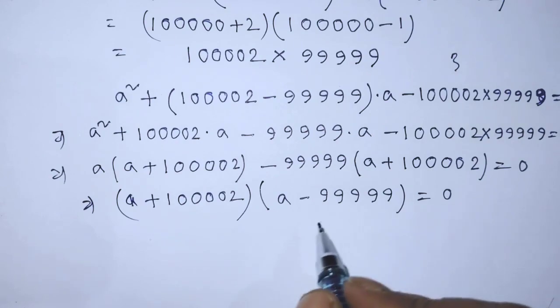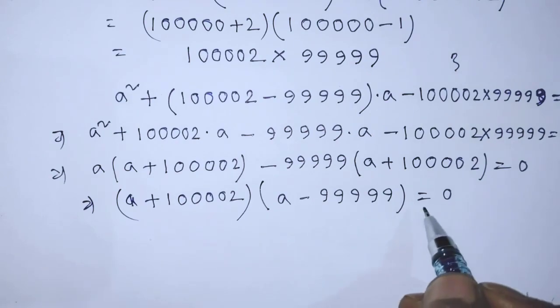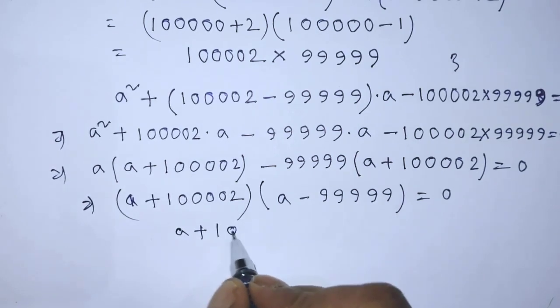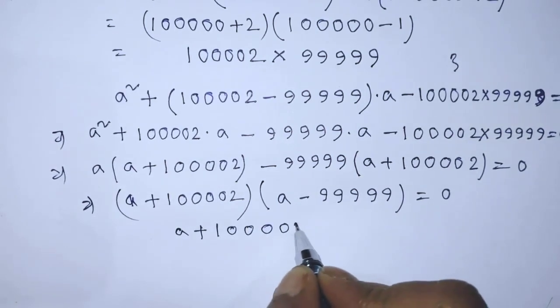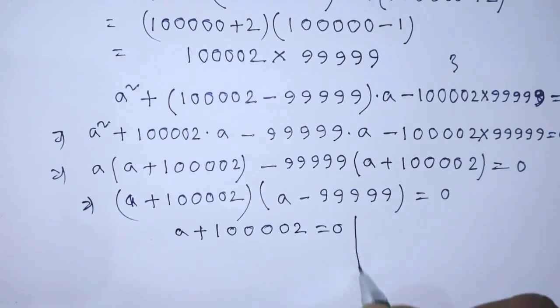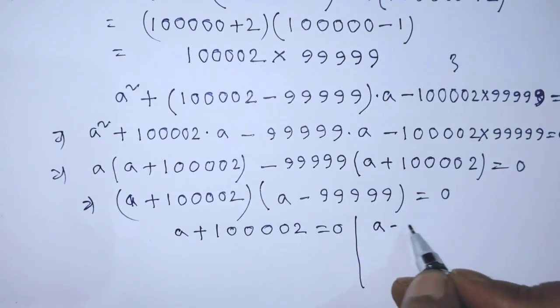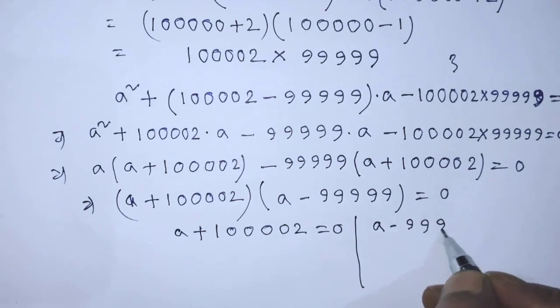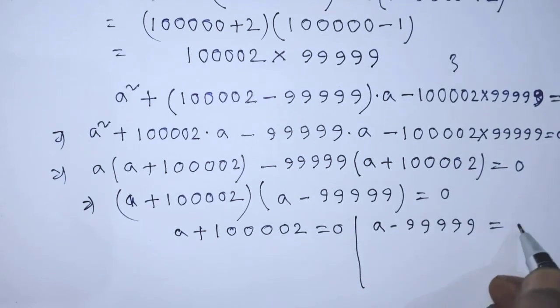Students, according to the zero product rule, we can write a plus 1 lakh 2 is equal to 0 and a minus 99,999 is equal to 0.